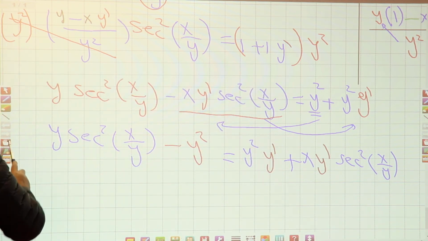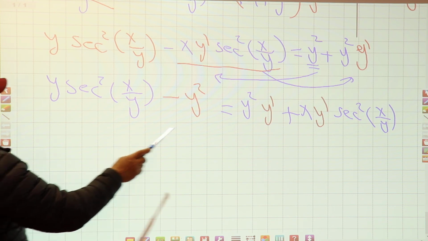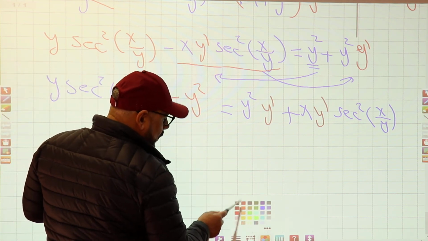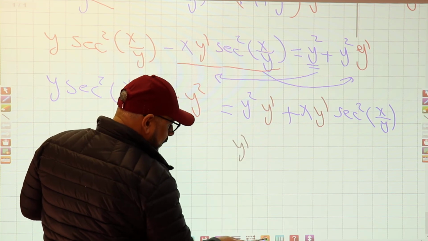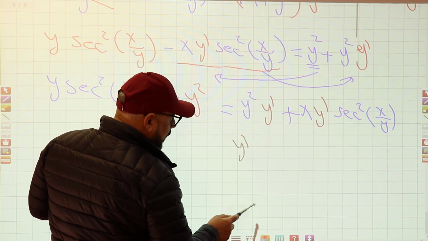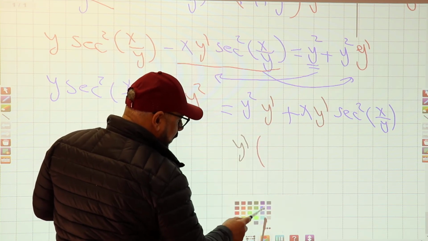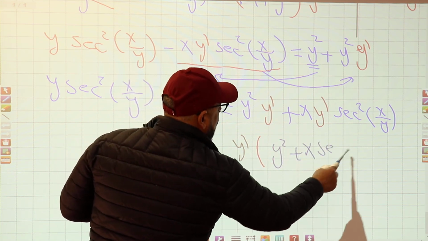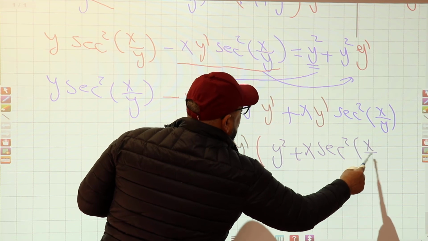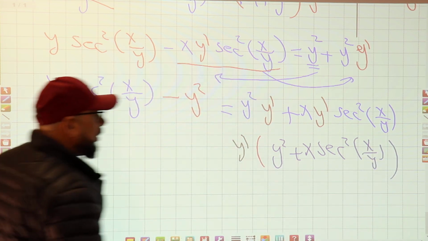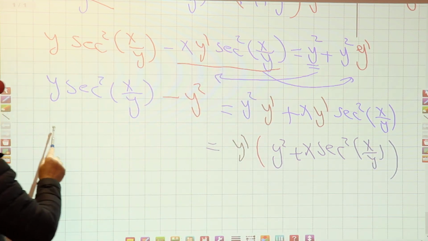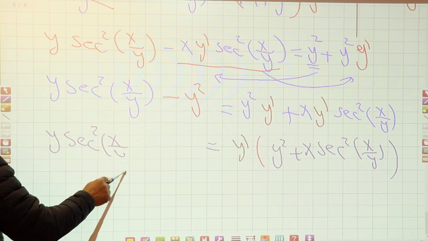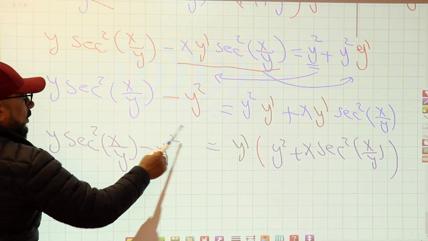Now, on this side, we're going to take y prime, and we're going to stay with y squared plus x secant squared x over y. Good? And on this side, y secant squared x over y minus y squared.